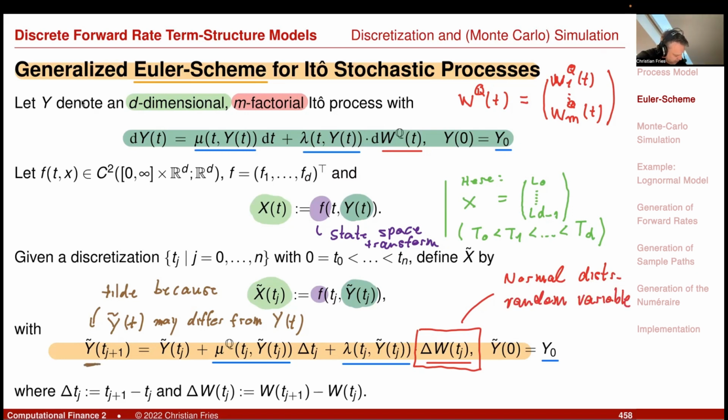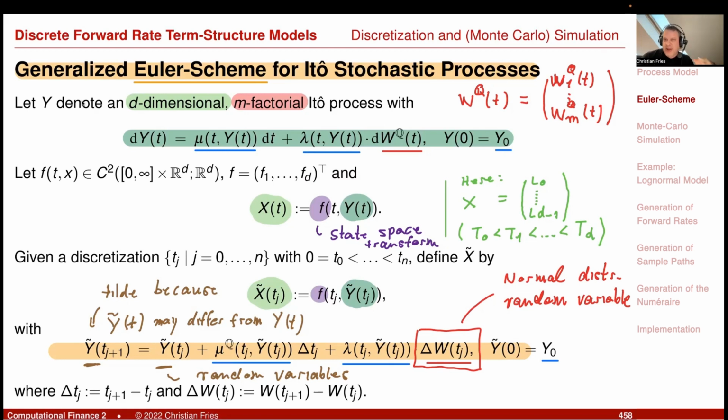And all these objects here are random variables. So this is an equation in random variables. And if you like to interpret it this way, if your initial value is just a constant, a deterministic value, the delta W is making the constant a random variable in the next time step.